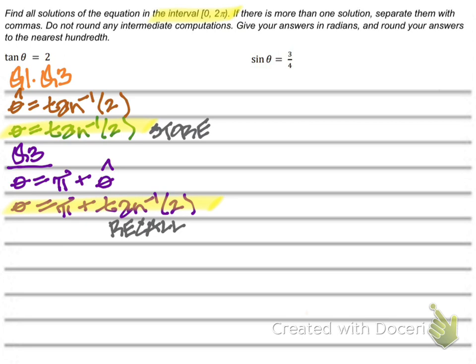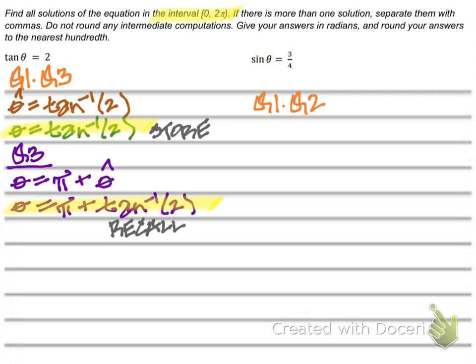Okay, so let's talk about the sine of theta being 3/4. If the sine is positive, that means that we are on the top, in quadrant 1 and quadrant 2.